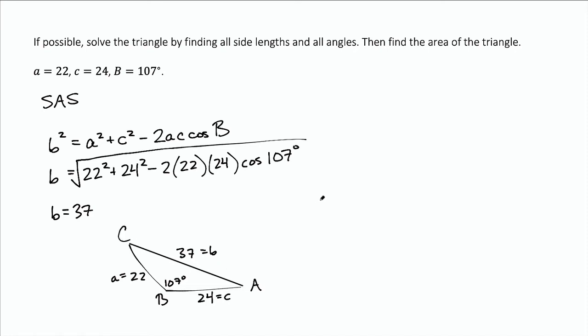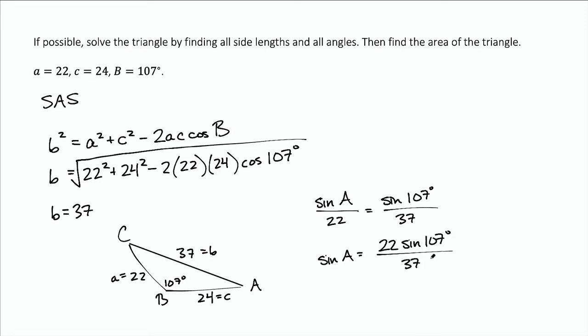So to find angle A, I can do sine of A over side length A equals sine of B over side length B. And then if I multiply both sides by 22, I have sine of A equals 22 sine of 107 degrees over that 37.